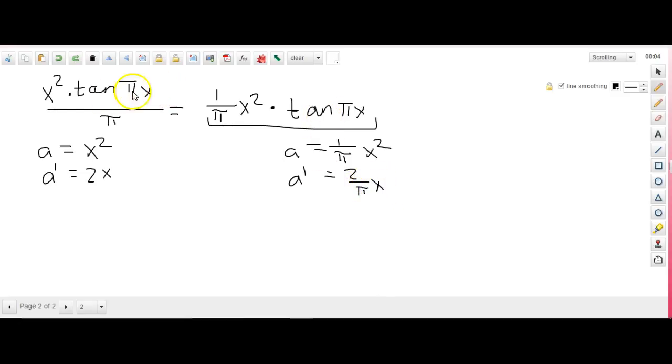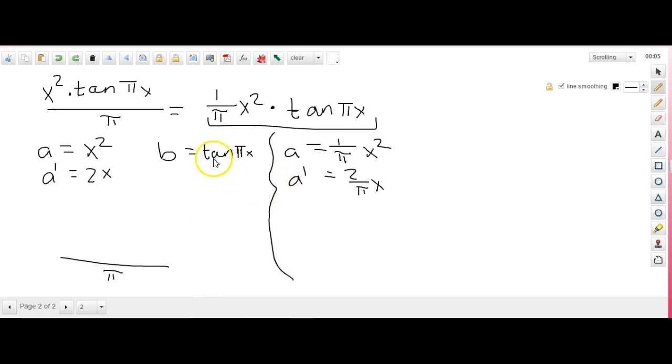Again, it doesn't matter which way because the pi is not going to really affect anything. Right now I'm ignoring it. Basically, I'm just going to include over pi in the answer on this first one. So tangent pi x, I'm going to call that b. We have tangent of pi x, just to separate the two different versions.